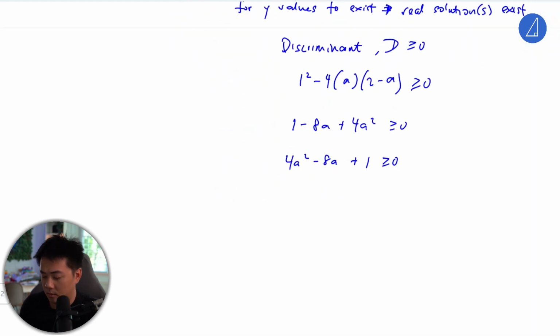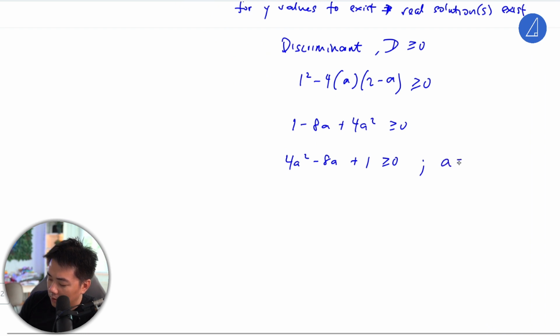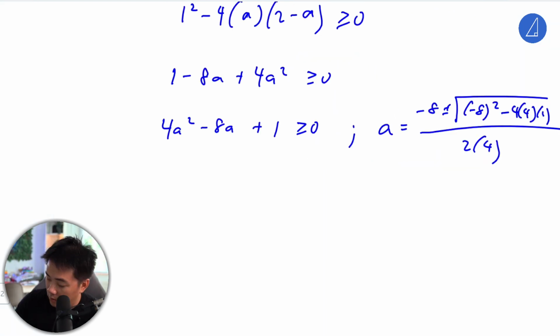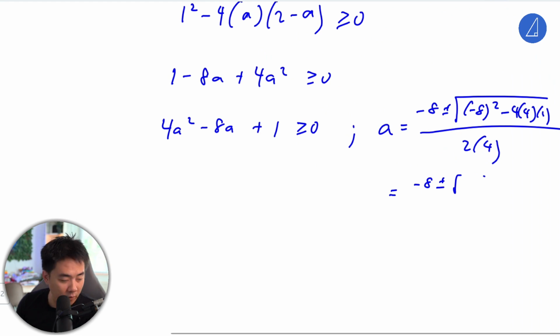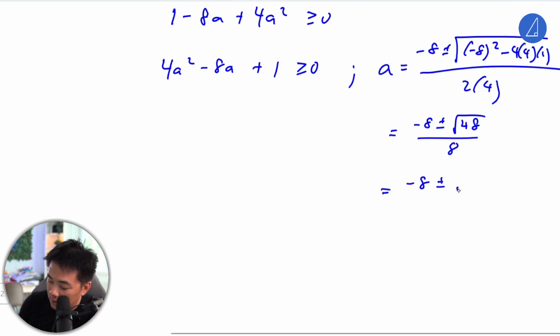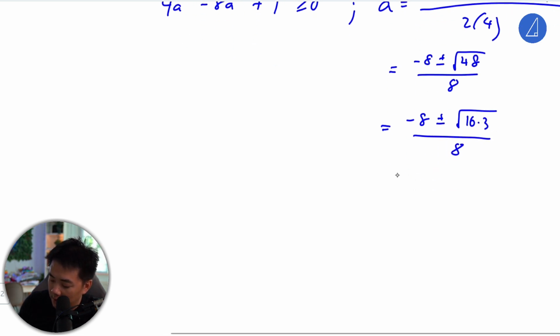Not an issue. Then just solve this quadratic equation by using minus b plus minus the square root of b squared minus 4ac, over 2a. Just key it into the calculator. They want exact value, so this is root 48 over 8. 48 can be divided by 16, so this is minus 8 plus minus the square root of 16 multiplied by 3, which is 4 root 3 over 8.